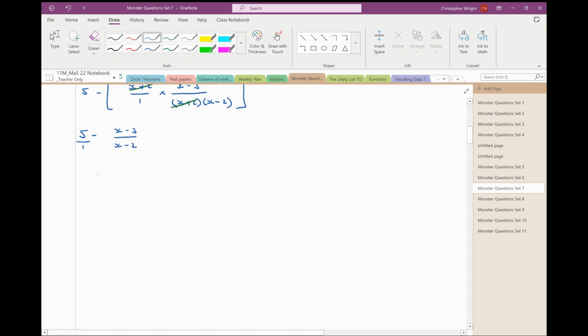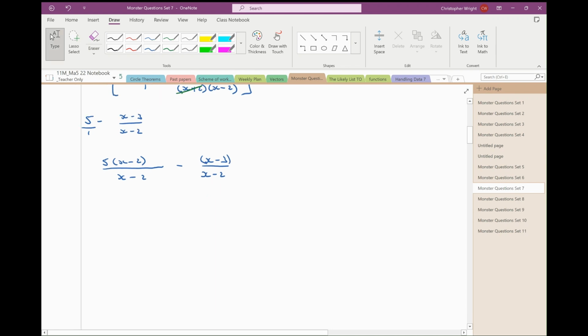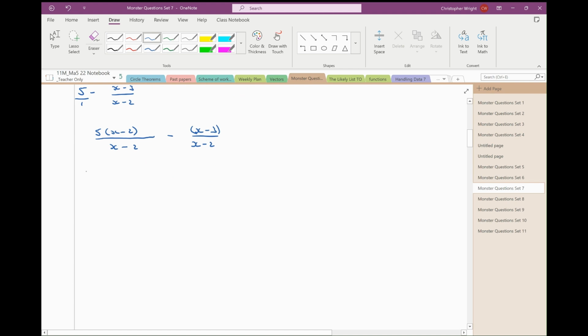So I'm going to have 5 lots of x minus 2 over x minus 2 minus x minus 3 over x minus 2. Best put that in brackets and be quite careful because I've got a minus outside the bracket there.